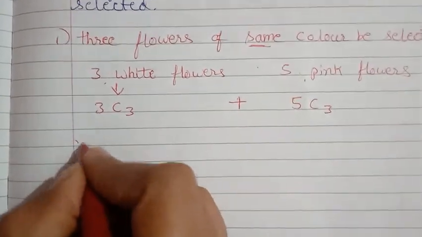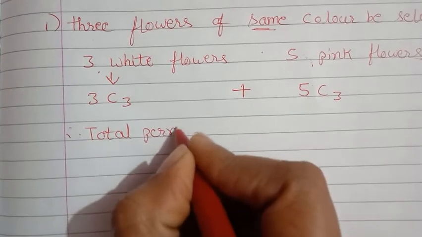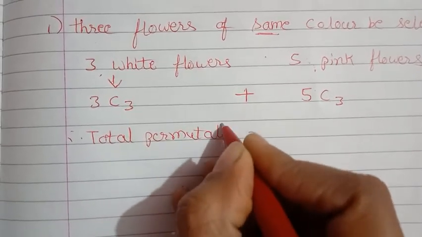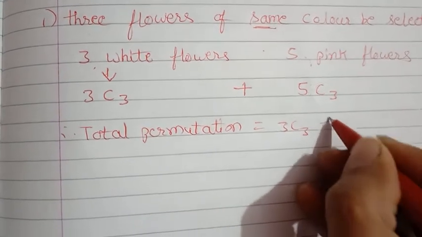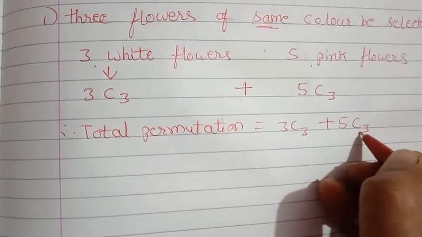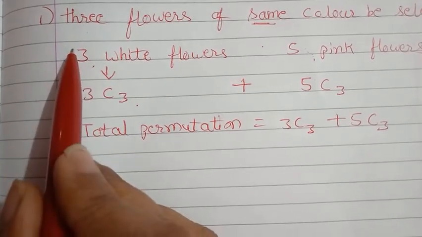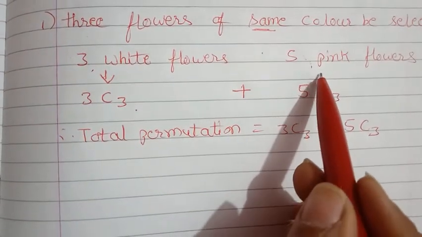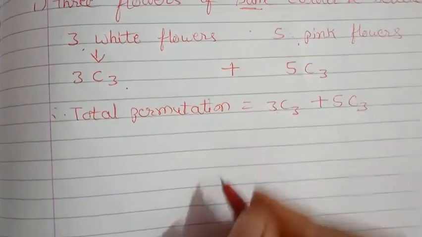So here the total is 3C3 plus 5C3, that is 3 white flowers can be selected from a total of 3 flowers and 3 pink flowers can be selected from a total of 5 flowers, that is the option, this or this.